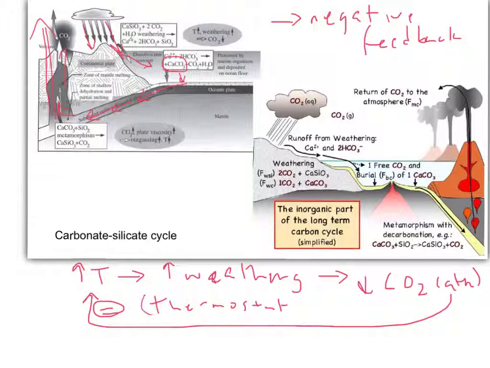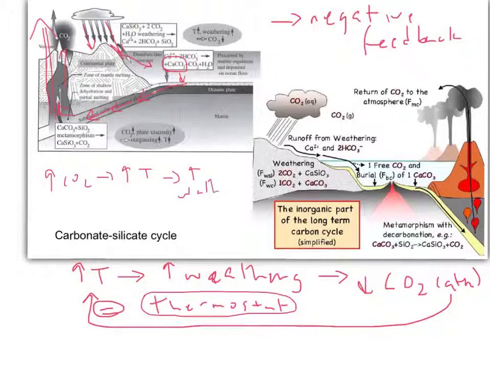So the way that thermostat would eventually work is that if for some reason we did have increases in carbon dioxide, which led to increases in temperature, we would have increases in weathering, which would scrub the carbon dioxide out of the atmosphere.